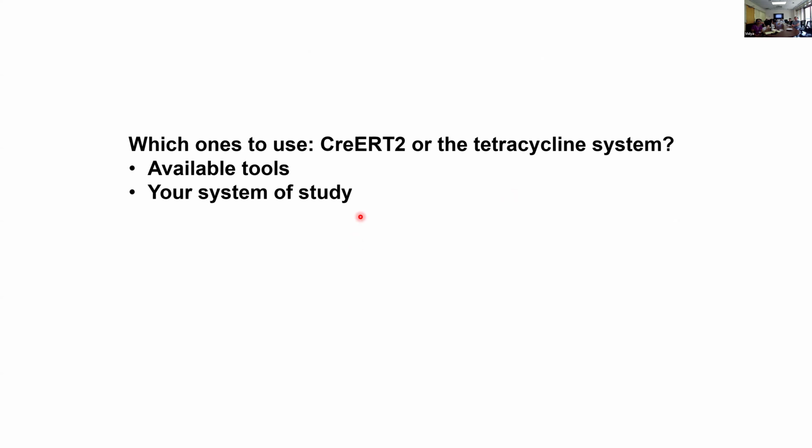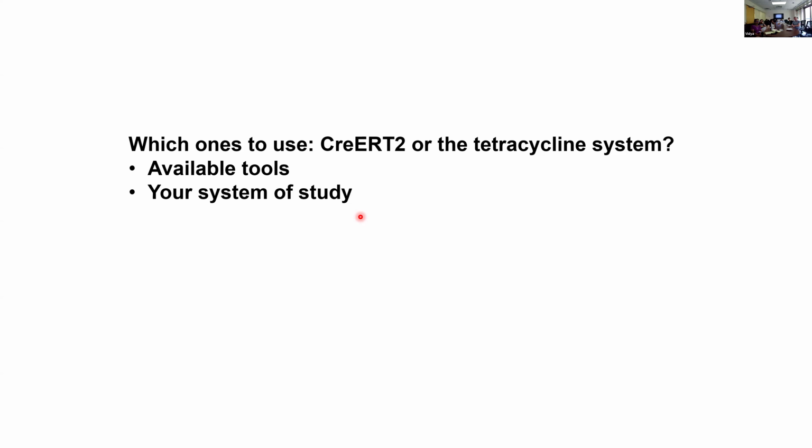For example, tamoxifen injection. But tamoxifen is a ligand for the estrogen receptor. So males, females, or some other organs in our bodies are affected by estrogen. So that's something one has to consider.